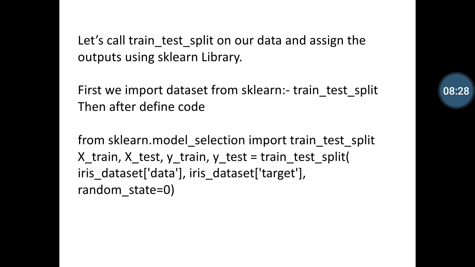Here we use random_state equal to 0. Basically it randomly collects the data of 150 flowers, which are defined in our dataset.